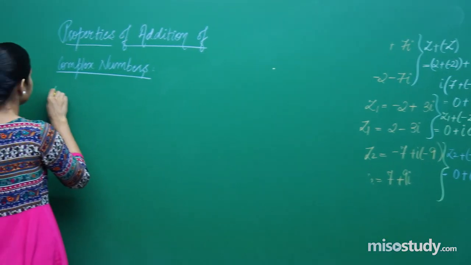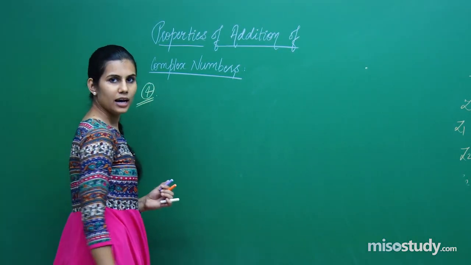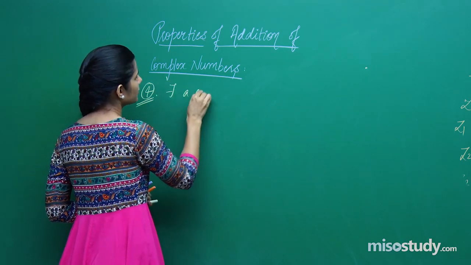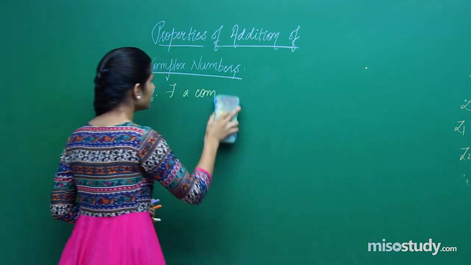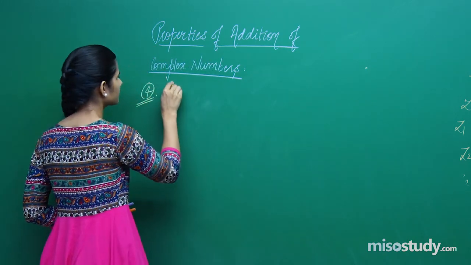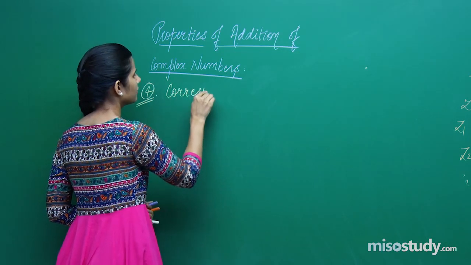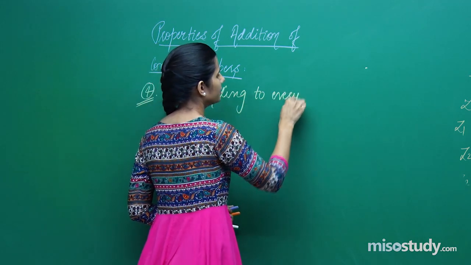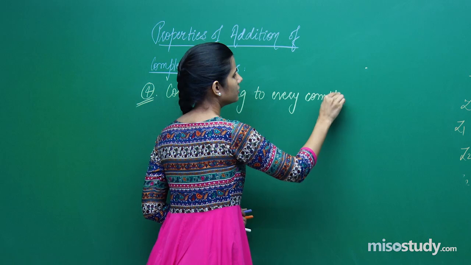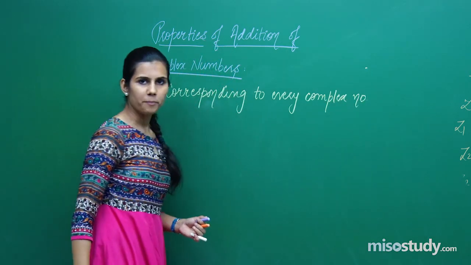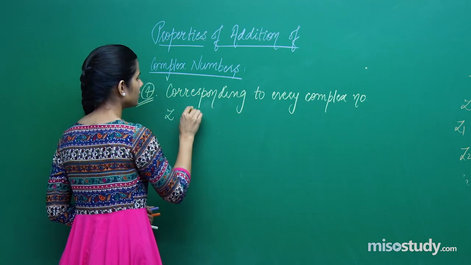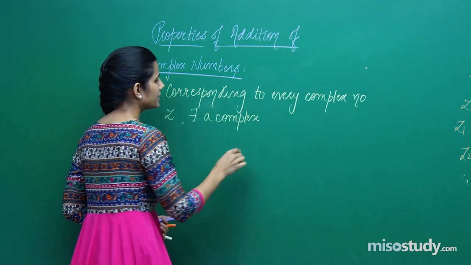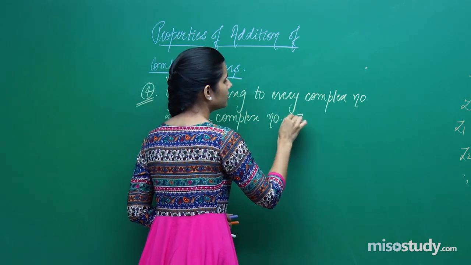In regard to the fourth property, I am saying there exists a complex number, or let me write, corresponding to every complex number z, there exists a complex number minus z.